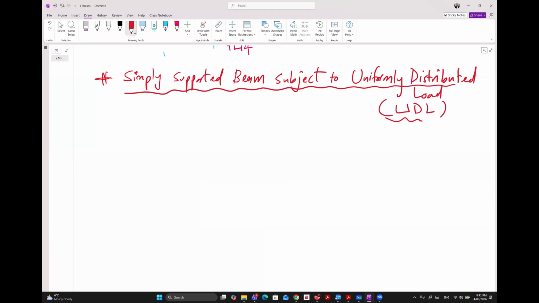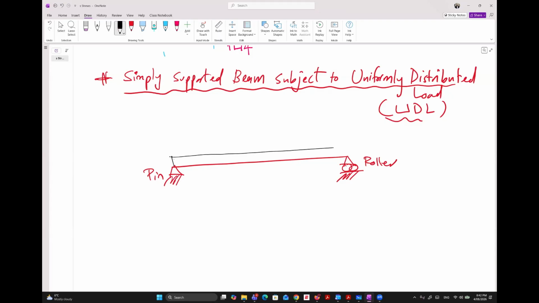You need to know how to draw the bending moment and shear force diagram for it. So in this case, we have a beam, and the beam is simply supported, meaning one support is pin and one support is roller. And the whole beam is under uniform load.